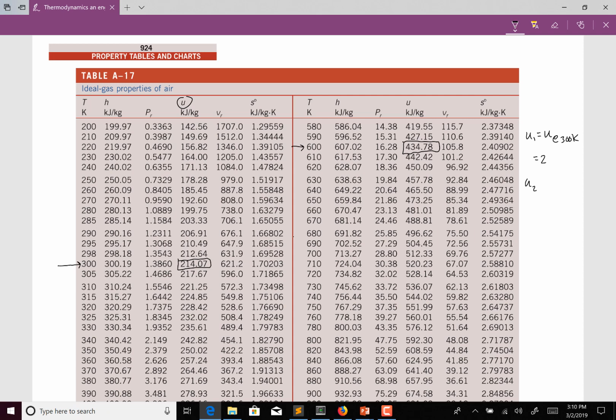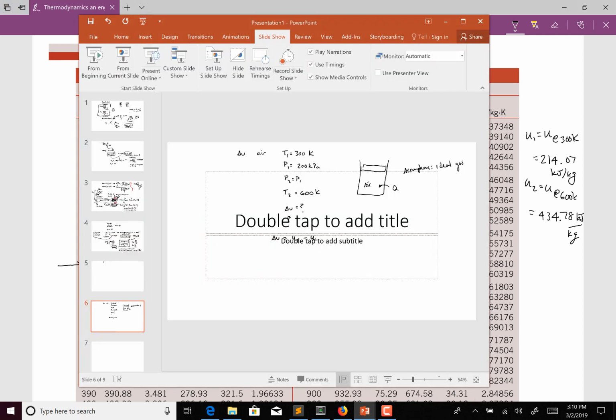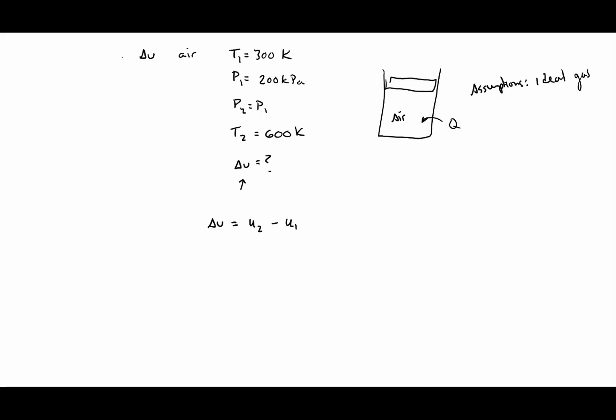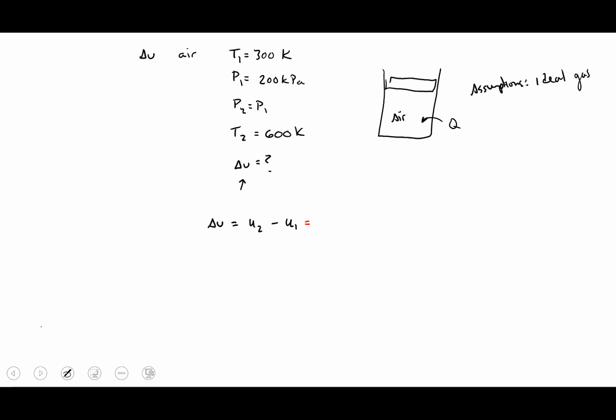So U1 is equal to 214.07 kilojoules per kilogram, and then U2 is U at 600 Kelvin, which is equal to 434.78 kilojoules per kilogram. Now we can put these back into our equation and calculate delta U, because now we know what U2 and U1 are.